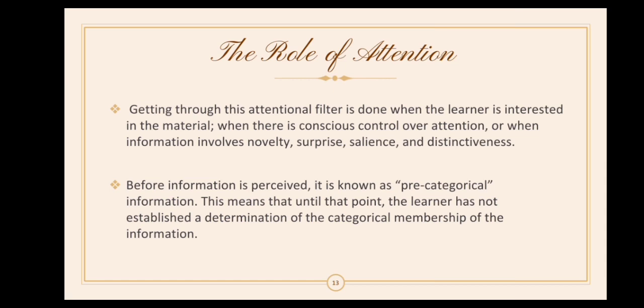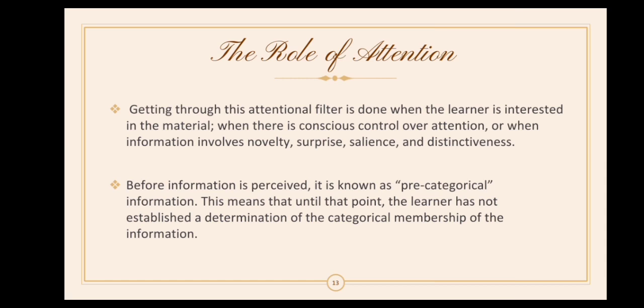So the role of attention. Getting through this attention filter is done when the learner is interested in the material, when there is conscious control over attention, or when information involves novelty, surprise, salience, and distinctiveness. Before information is perceived, it is known as pre-categorical information.